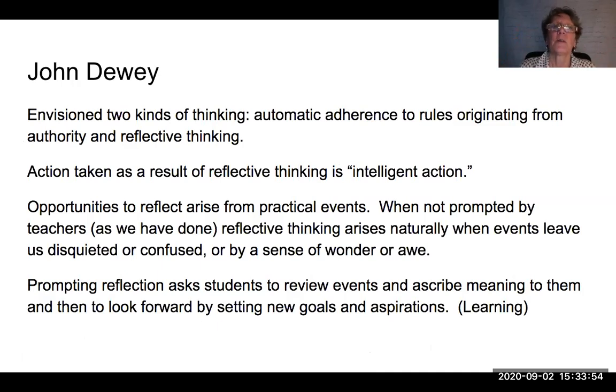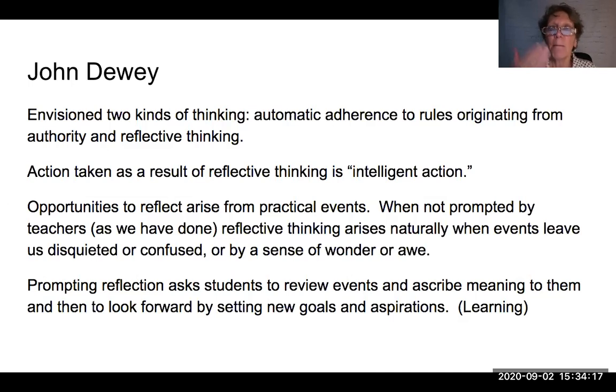Dewey envisioned that there were two kinds of thinking. One is the automatic adherence to rules originating from authority. In other words, we're the authority and we're saying, turn to page 27, do this thing, do the other. And so you are adhering to the rules. And then the other is what he called reflective thinking.